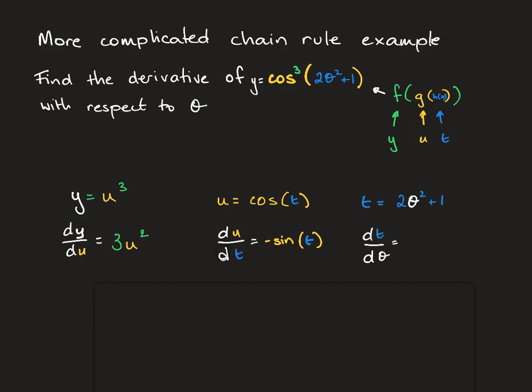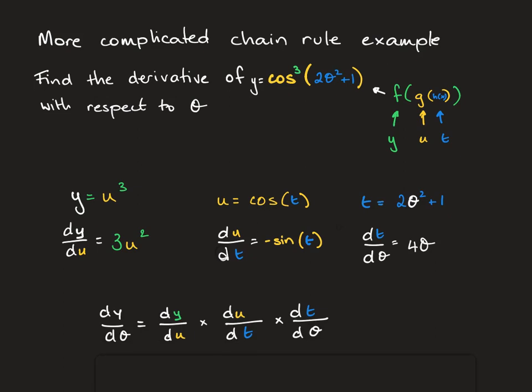And finally we do dt d theta, and so theta is the thing we're differentiating with respect to, and so the 2 is going to come out and multiply the 2, so we're going to end up with 4 theta. And now we're going to put the whole chain rule together with all of those things linked together.